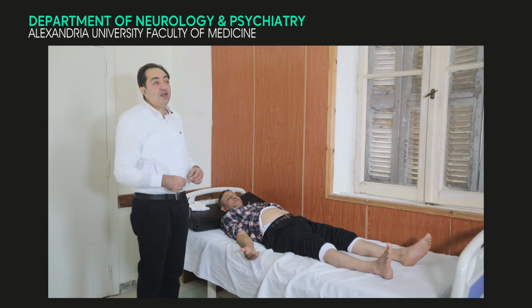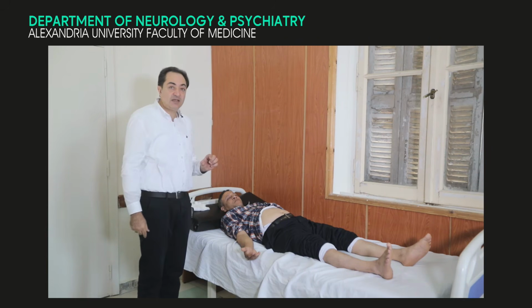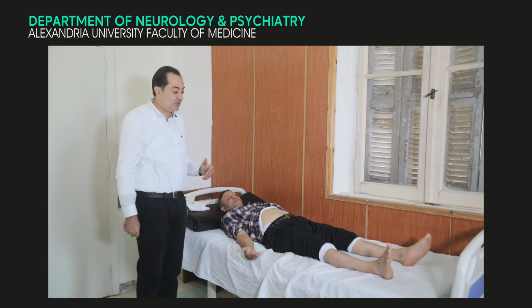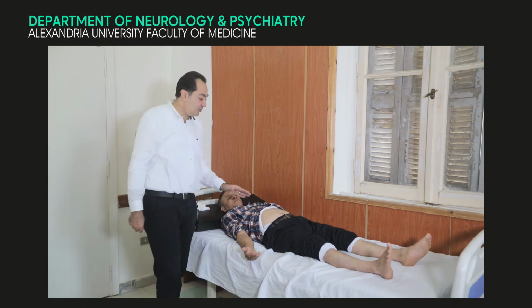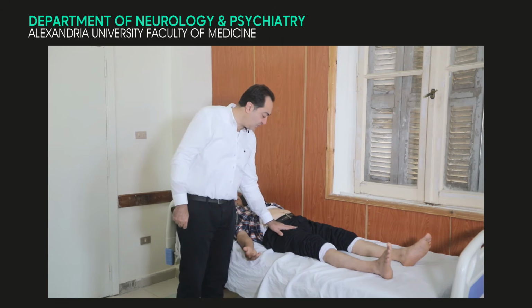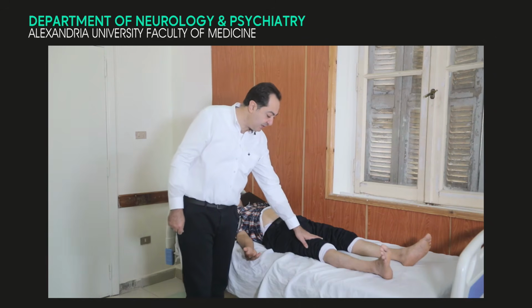We may have a root radicular affection, and this usually affects a single radical. So now we should know the sensory distribution of these radicals. In the lower limb, the upper thigh is L1, the middle is L2, and the lower third is L3.